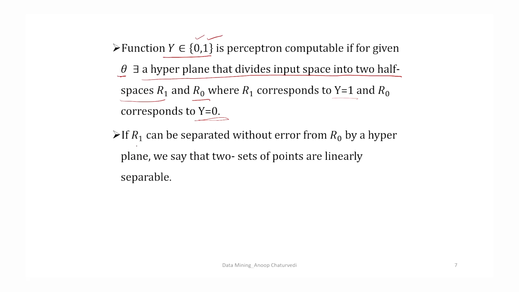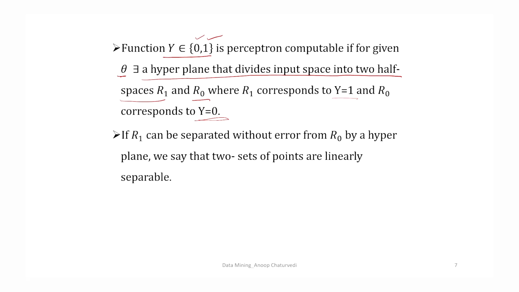And then if r 1 can be separated without error from r 0 by a hyperplane, then we say that the two sets of points are linearly separable.